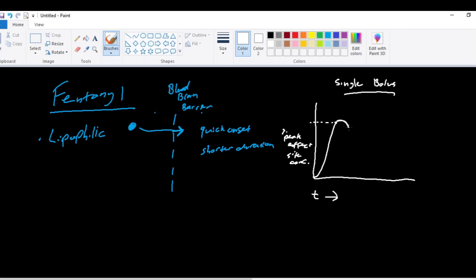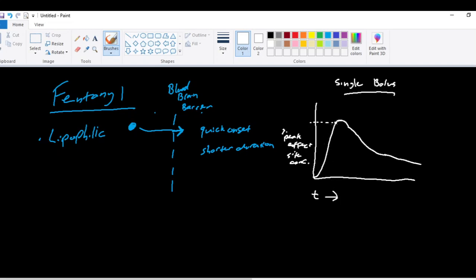And then we're going to see a decrease of that peak effect site concentration over time as the fentanyl gets redistributed, as it gets eliminated. Eventually, it'll taper off, and you won't have any fentanyl molecules because all of it will have been excreted.